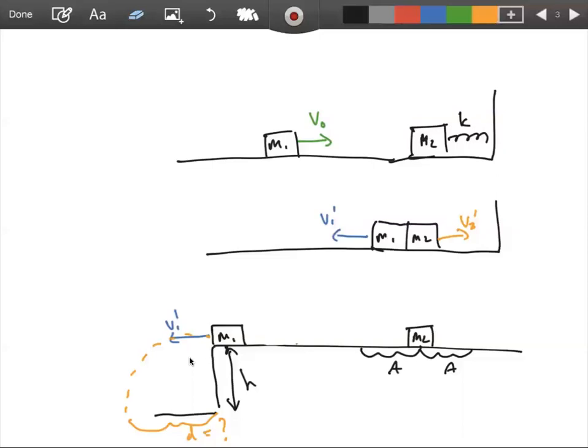If they were equal in mass, M1 would stop and M2 would carry on with the initial velocity that M1 had. So for M1 to go back in the opposite direction, M2 has to be greater than M1, right? So for part A, we know M2 must be greater than M1.